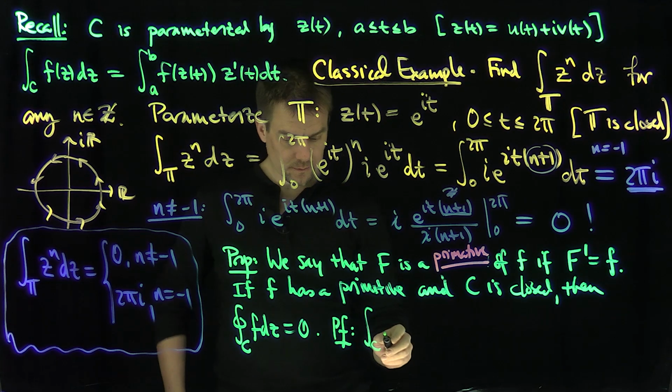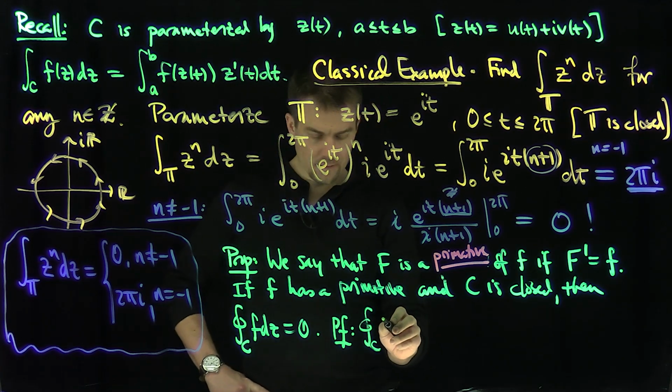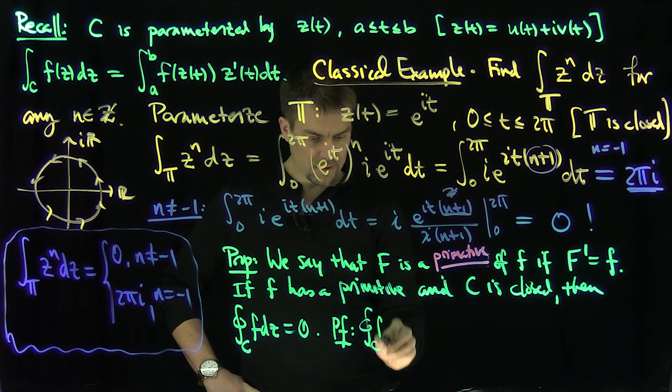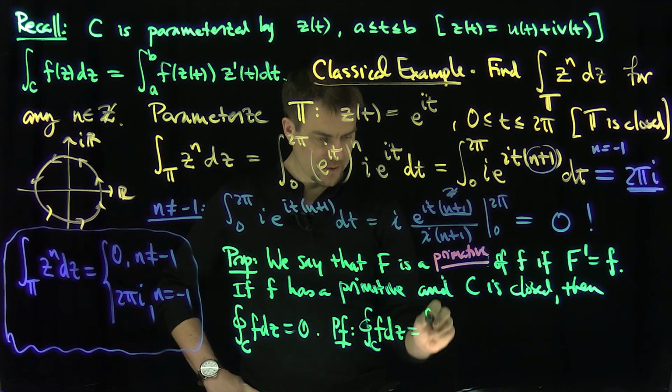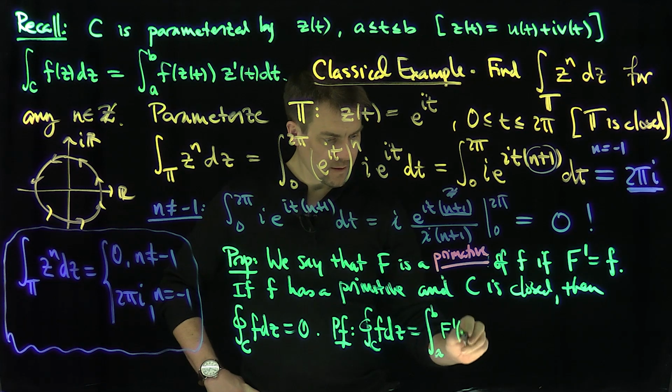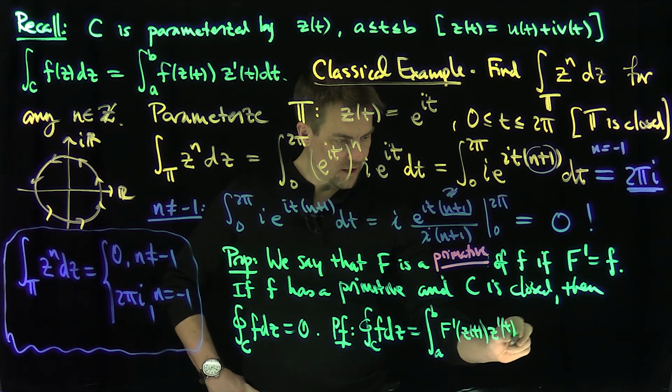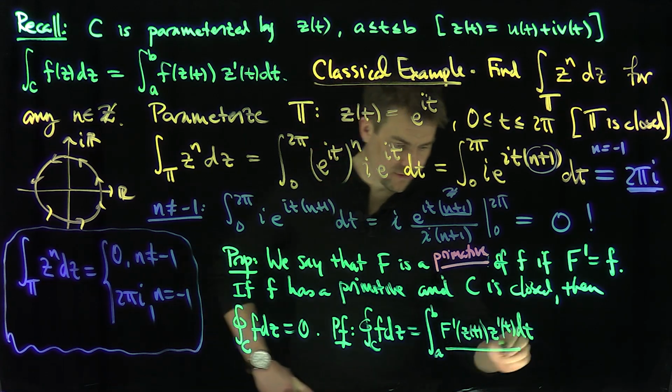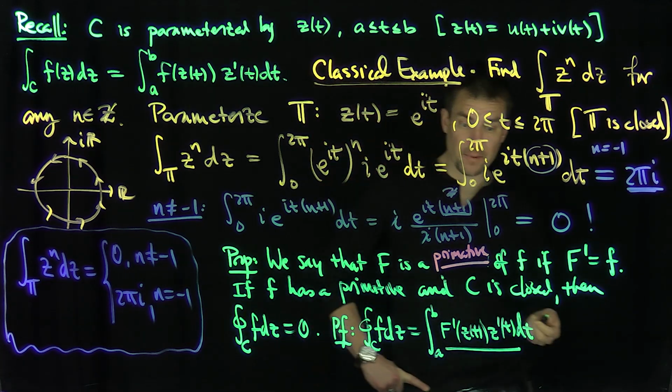Proof. The integral over C of f dz is the integral from a to b of f prime of z(t) z prime of t dt. That's a perfect derivative. That's just the derivative of f of z of t, by the chain rule.